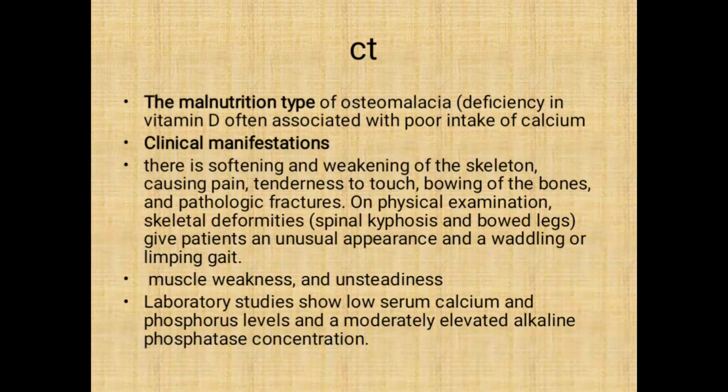Also, patients get an unusual appearance, with a waddling or limping gait. Okay. So there is muscle weakness and unsteadiness. So what is so glaring here is the weakness of the skeletal bone, and also there is bowing of the legs in rickets or osteomalacia. It is the same as rickets, osteomalacia.